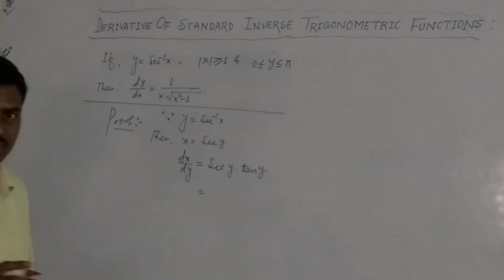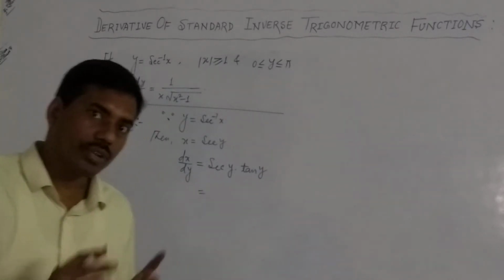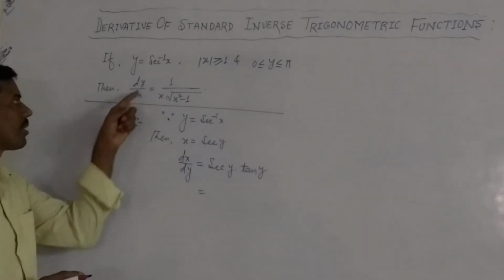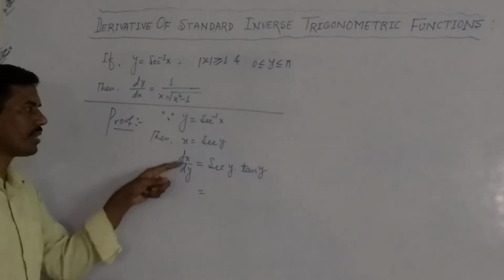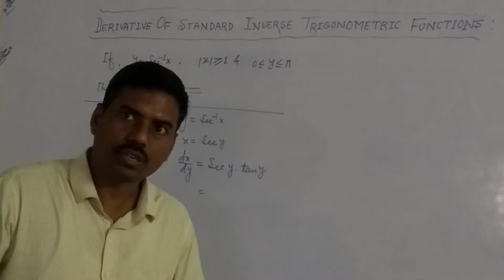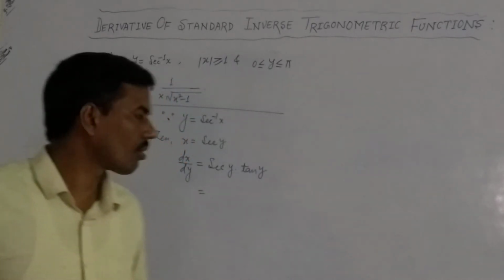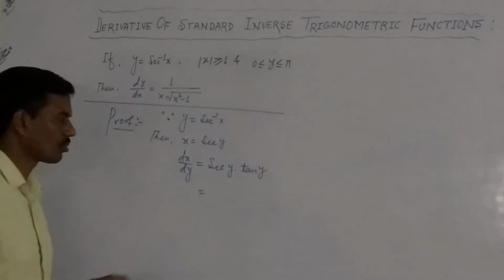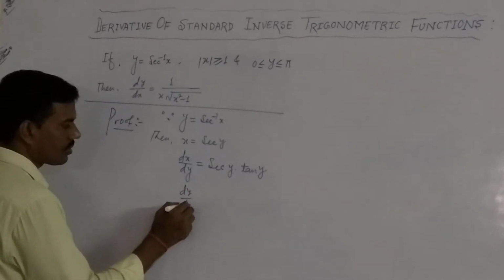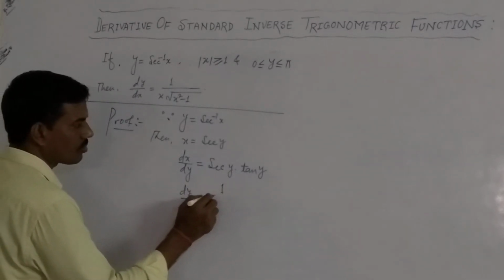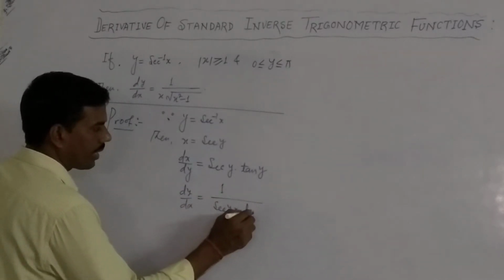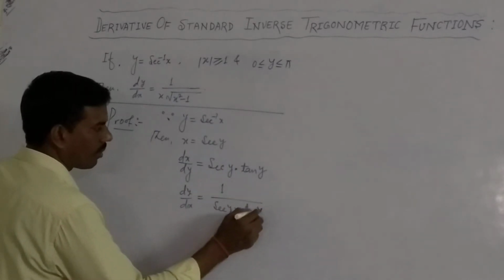Okay, and since we have to find the derivative, dy by dx, but here we have dx by dy, so we have to take the reciprocal of dx by dy, so we get dy by dx is equal to 1 upon sec of y into tan of y.